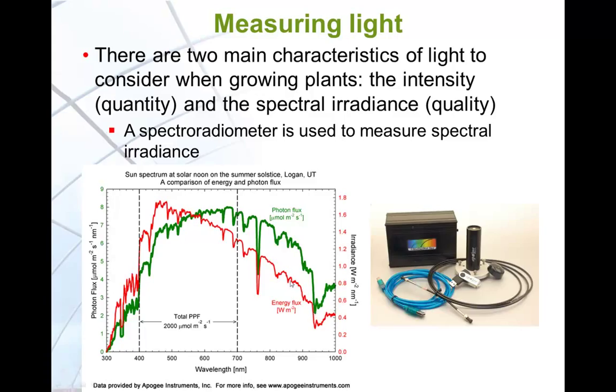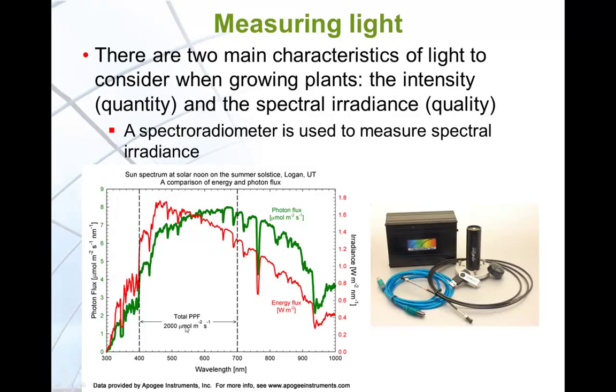And then the energy-based distribution of each nanometer or wavelength is shown in this red chart. So the unit of photon flux based reading from a spectroradiometer is micromoles per square meter per second per nanometer. And the energy-based reading is watts per square meter per nanometer.